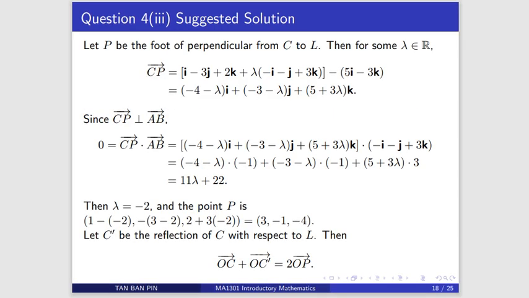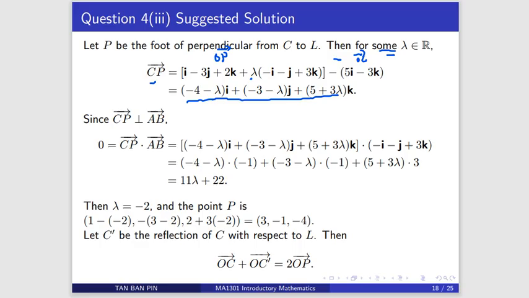With that, you can find CP. CP is vector OP, which I just mentioned is on the line, so OP must be i minus 3j plus 2k plus lambda times minus i minus j plus 3k for some lambda, then minus OC. So that will give you this vector in terms of lambda.